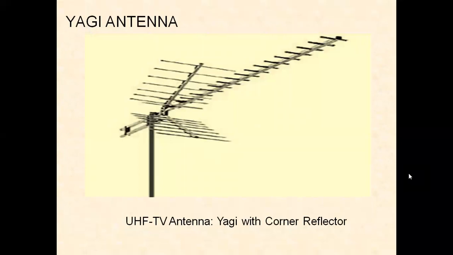Here is another structure: we have a Yagi with a corner reflector. This structure will act as a reflector, so more energy will be available at the feed point. It is a UHF TV antenna. To increase the gain further, we are making use of a corner reflector antenna. This structure is a corner reflector antenna.